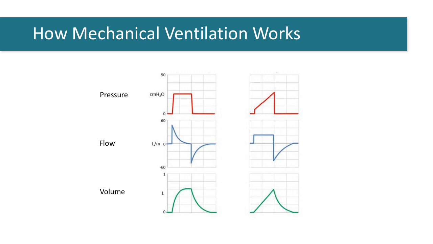By comparison, volume control is shown on the right. In this mode of mechanical ventilation, the target is flow, and so you can see the flow waveform increases from baseline to a constant steady level before cycling off into expiration.